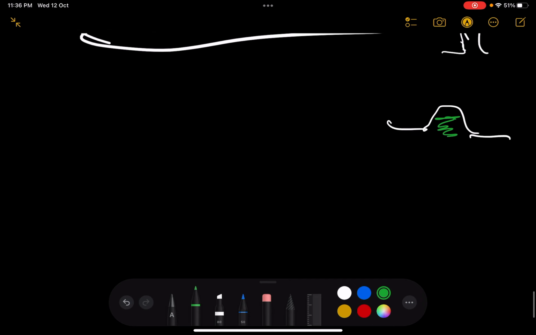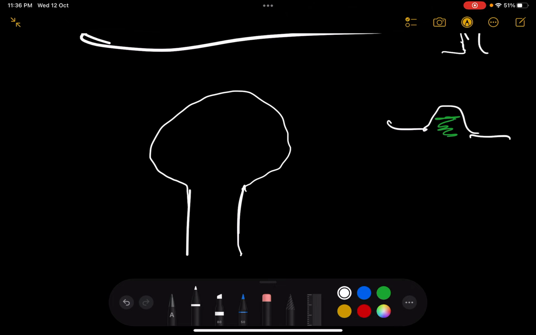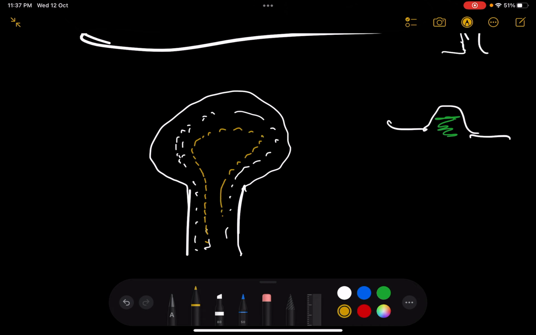So let me draw a better diagram where I'm actually showing you all the different layers as well. This is the stalk. The stalk on the upper surface has obviously the mucosa. Then you have the lamina propria. Then you have the muscularis, innermost. All right. That's about it. So if it's only up to the mucosa, it's level 0.